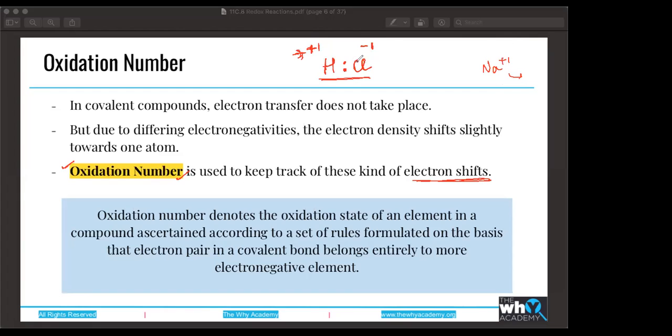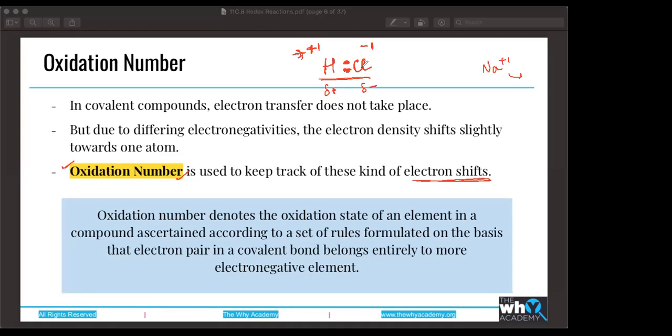But because chlorine is more electronegative, these electrons tend to shift more towards chlorine and away from hydrogen. So that is the reason dipoles are produced. This has a delta positive and this has a delta negative.